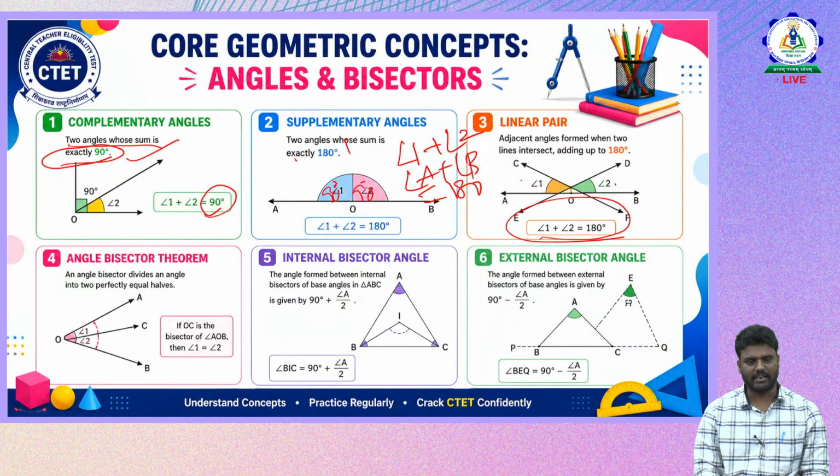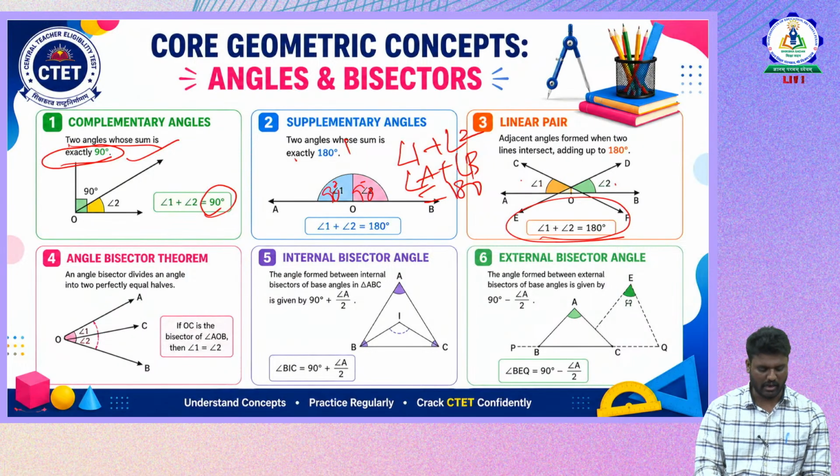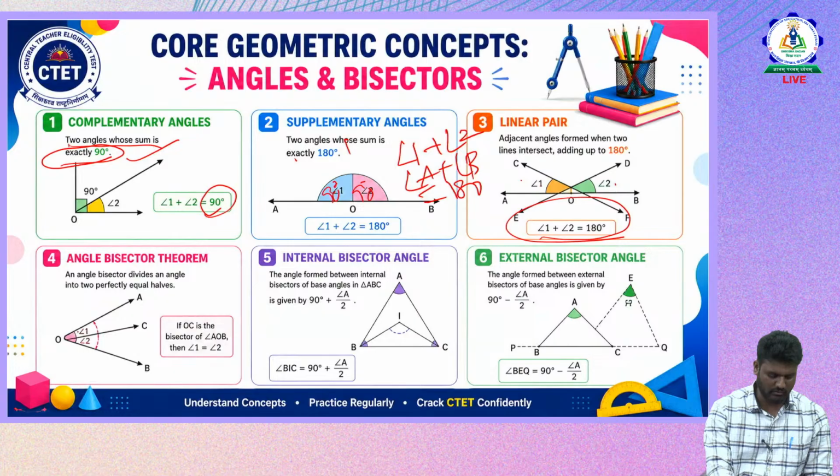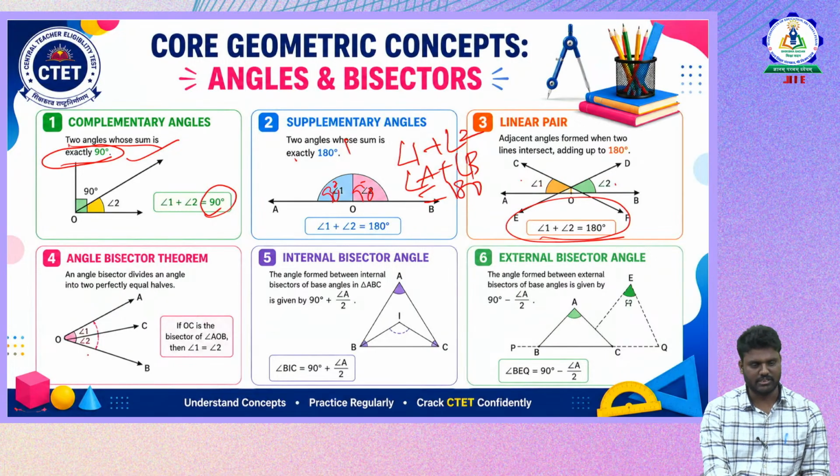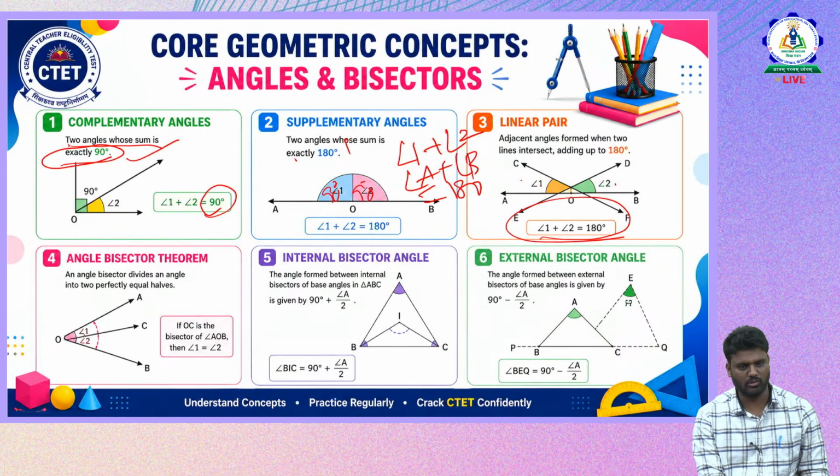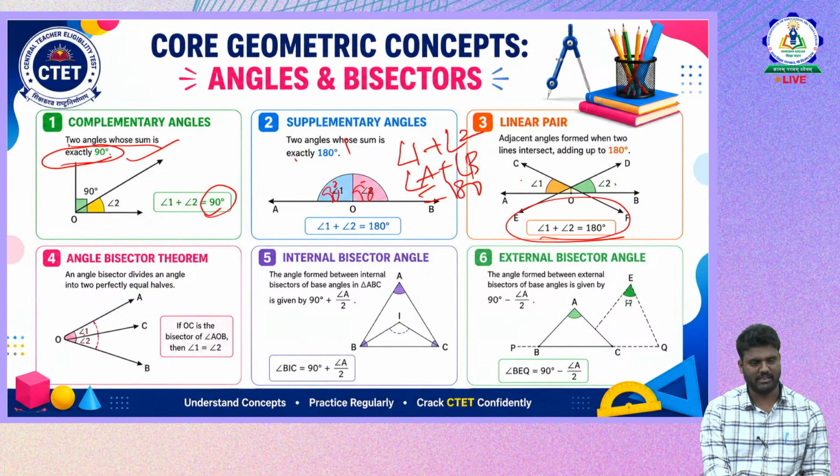Then the angle bisector theorem. What is the meaning of an angle? An angle is formed from an initial point where two lines meet, and the two lines make an angle. An angle bisector divides an angle into two perfectly equal halves.